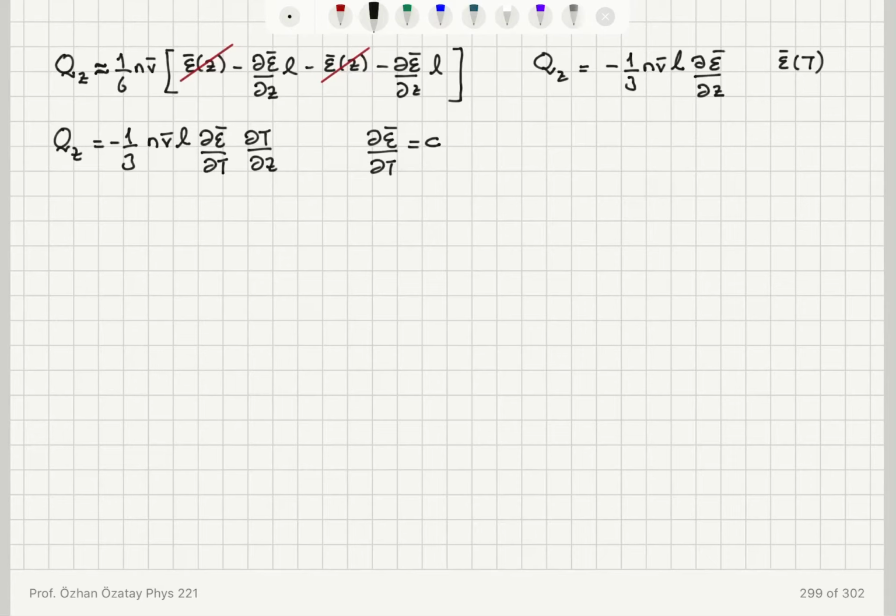So del epsilon bar del T, the derivative of the mean energy of a molecule with respect to temperature, is C, which is the heat capacity at constant volume, that is per molecule. So this is basically an intensive quantity.